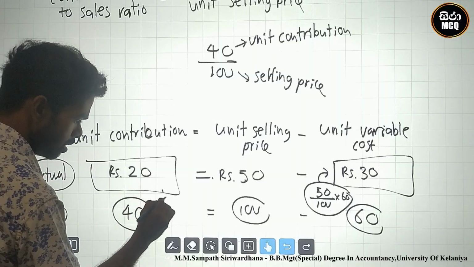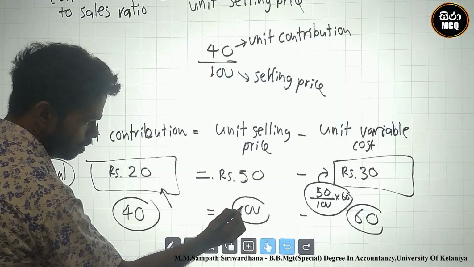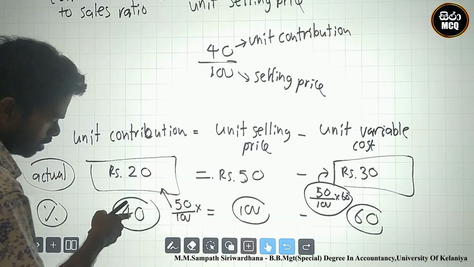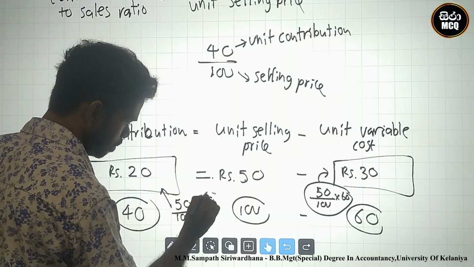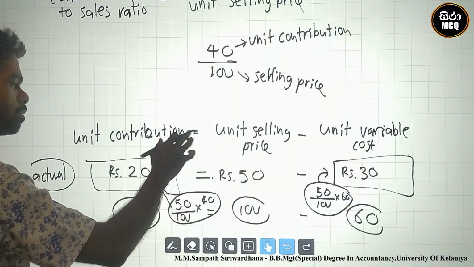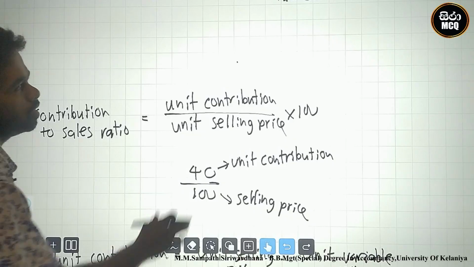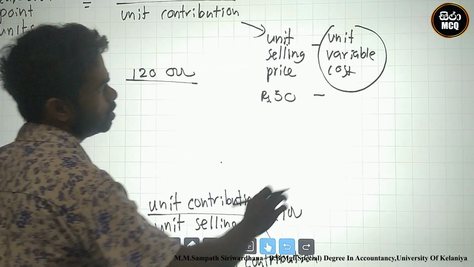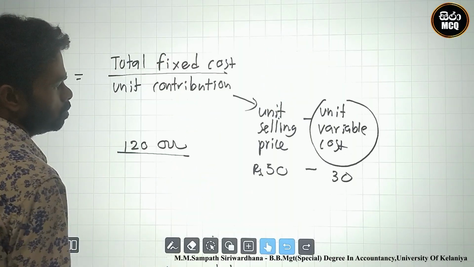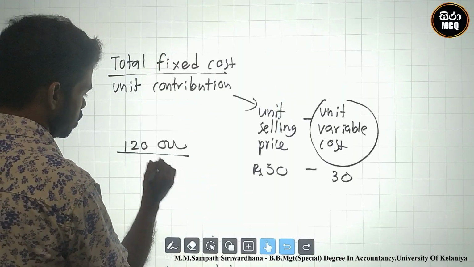So the unit variable cost is 30 and the unit contribution is 20.